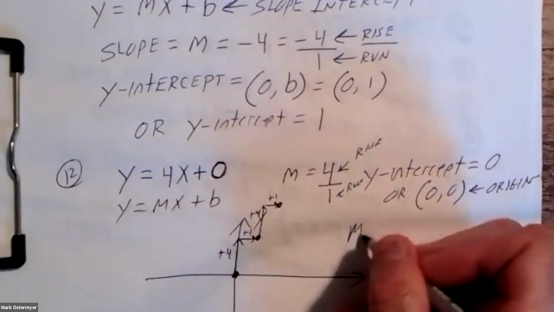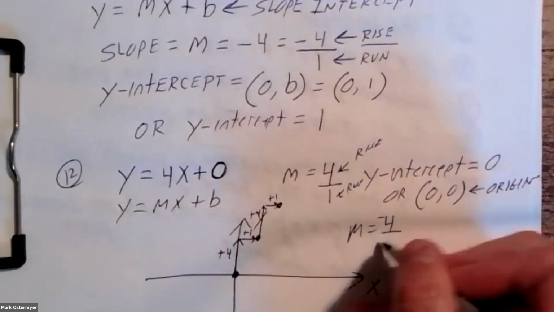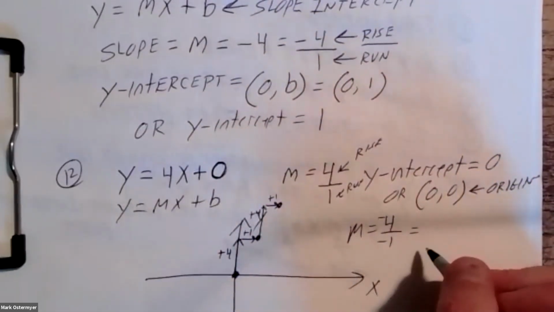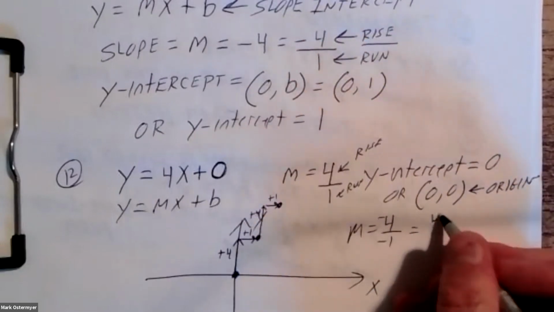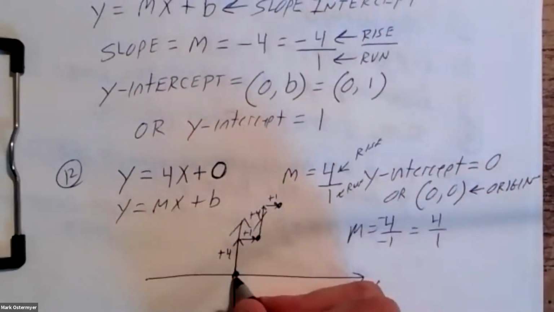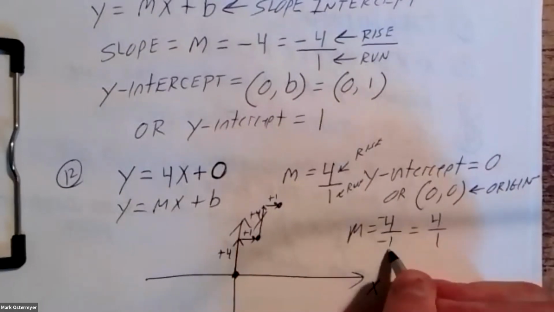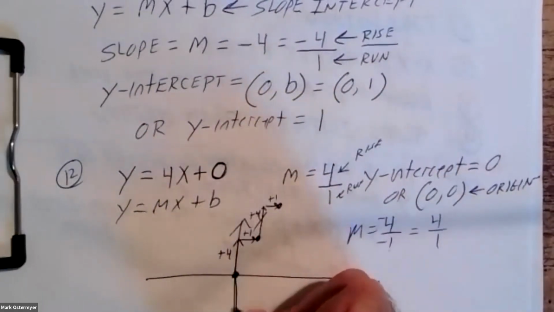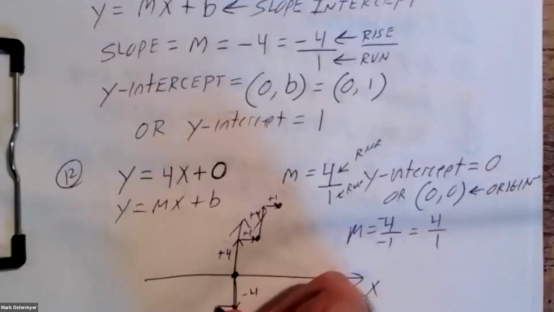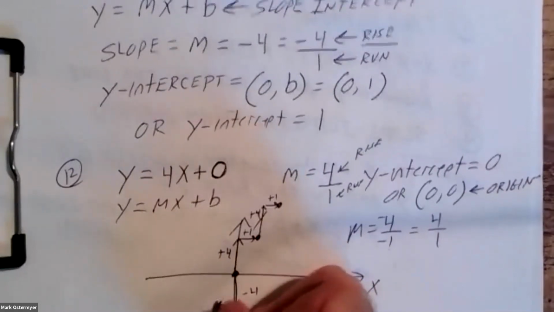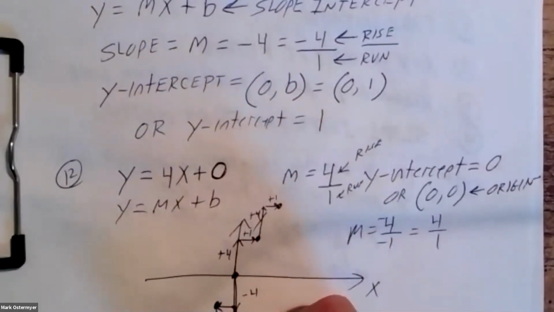Or you could view the slope as being -4 over -1. -4 over -1 is the same thing as 4/1. So you could go just as well down 4 and to the left 1, plot another point, down 4, to the left 1, plot another point.